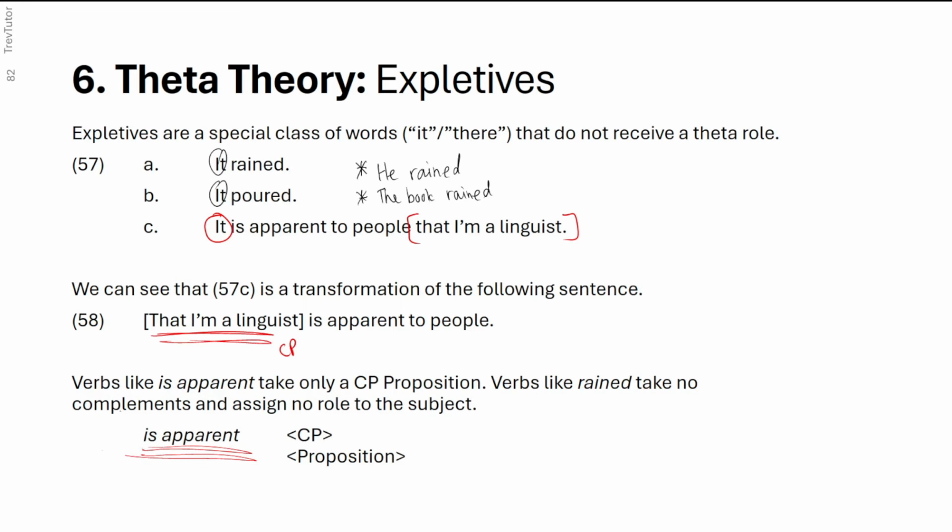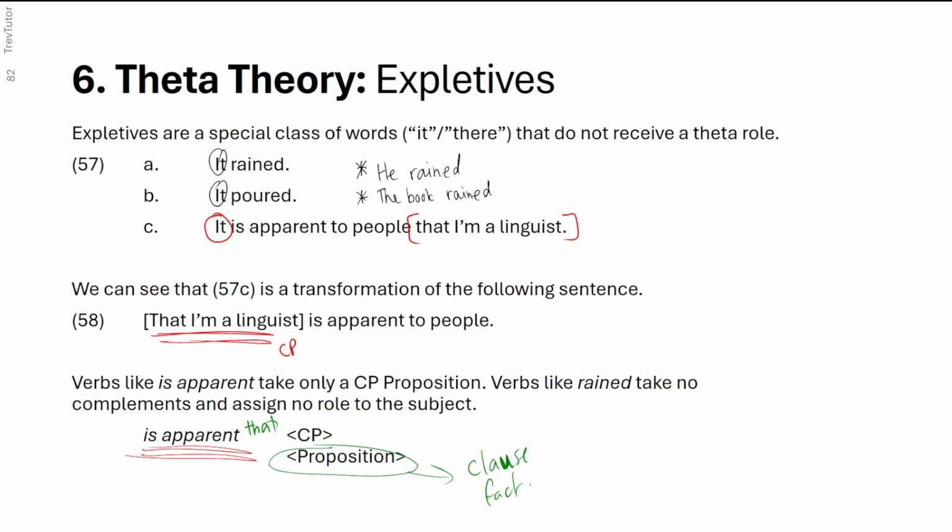It's only selecting one thing. It is only selecting that CP after it, which is a proposition. You can think of this as a clause; it wants a fact or opinion.